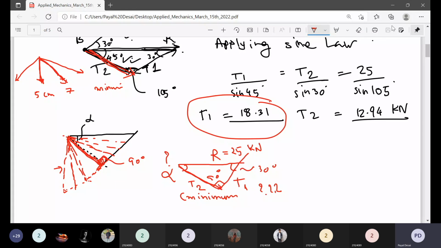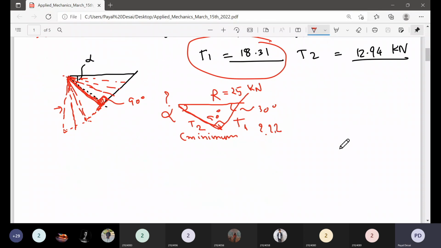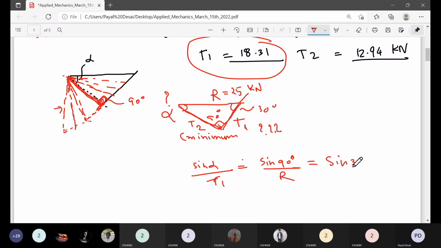So we again apply the sine rule. sin alpha divided by this side, that is T1, then sin 90 degree divided by the resultant, and sin 30 divided by T2.